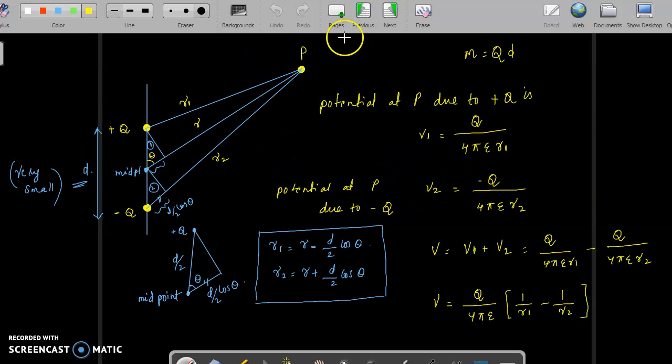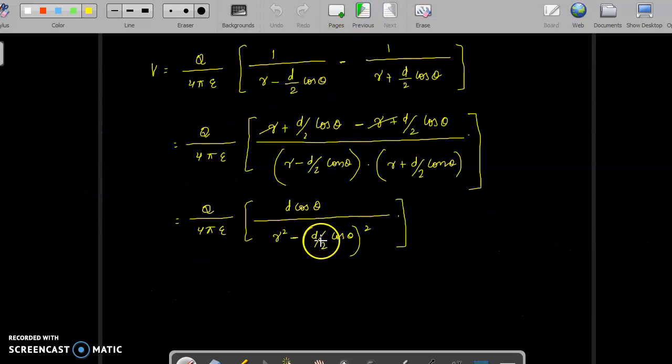So we have seen that d is very small compared to r, r1 and r2. So we can approximate: d by 2 all square is much smaller than r square.